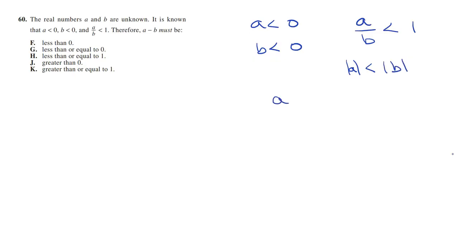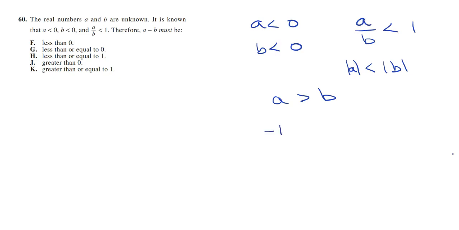And let's do one more. It says the real numbers A and B are unknown. It is known that A is less than 0, B is also less than 0, but A over B is less than 1. So what this simply tells us, because we're dividing two negative numbers, is that the absolute value of A must be less than the absolute value of B, which simply tells you that A as a value is greater than B. So let's pick any value of A, and we can start with 1 and 2.